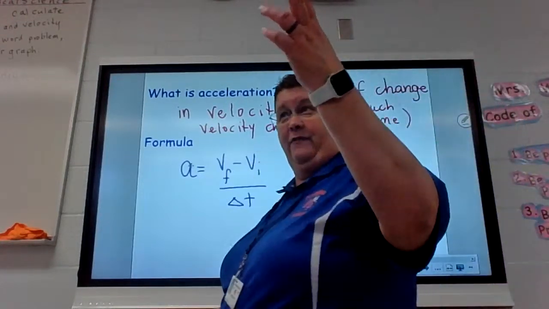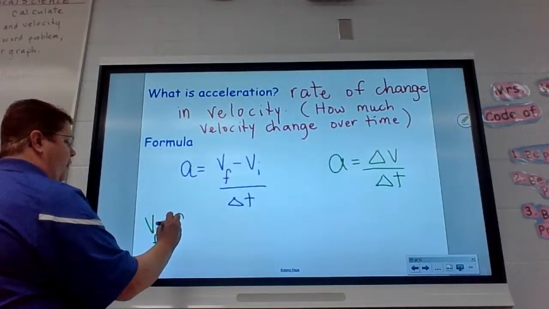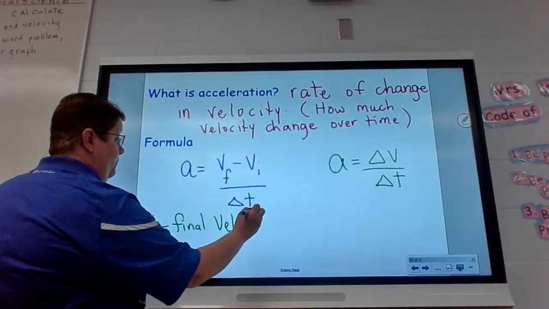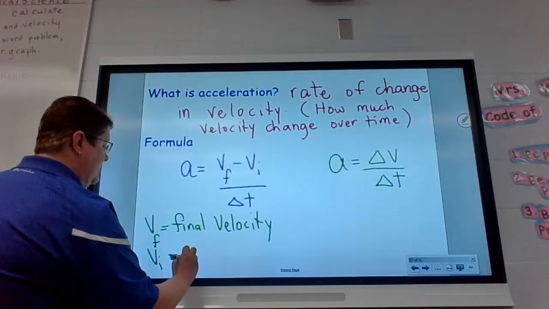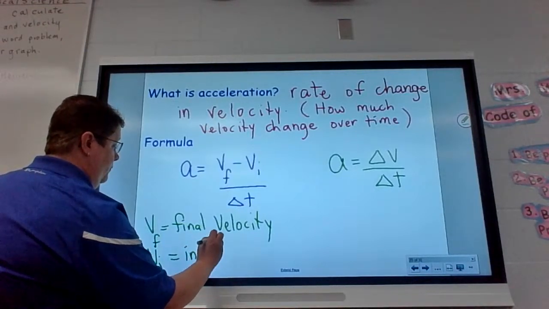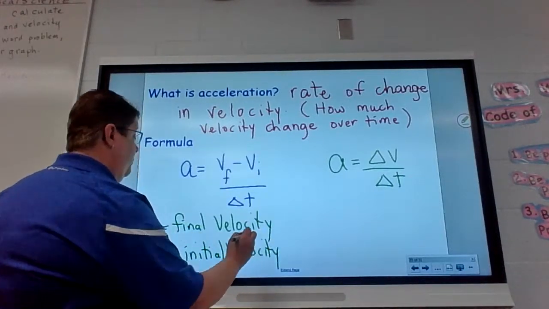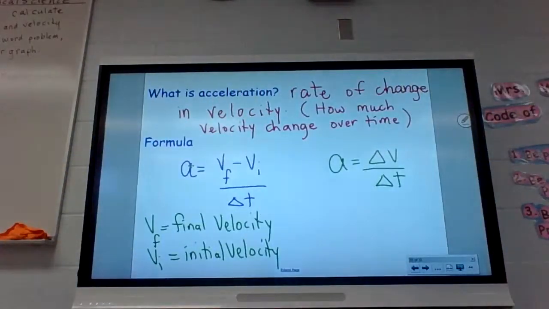Now, what is the F and the I? VF stands for final velocity, and VI is initial velocity. Wait, is this right down on this table? Nope. What's on the table is all you get. Remember what I told you.